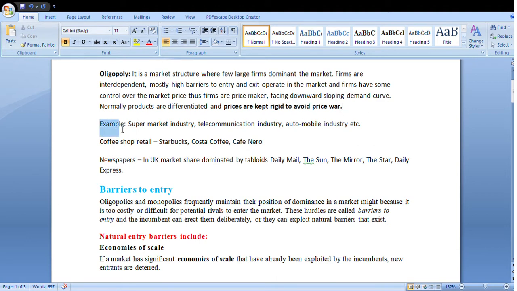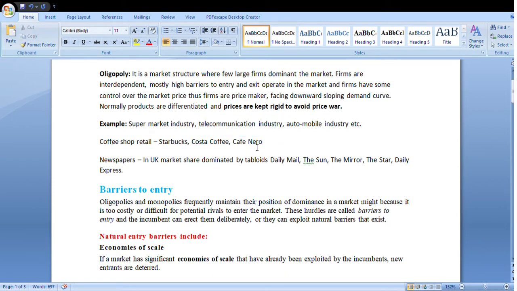Let's consider examples of oligopoly markets: the supermarket industry, the telecommunication industry, the automobile industry, coffee shops like Starbucks, Costa Coffee, Cafe Nero. So these are examples of oligopoly markets.